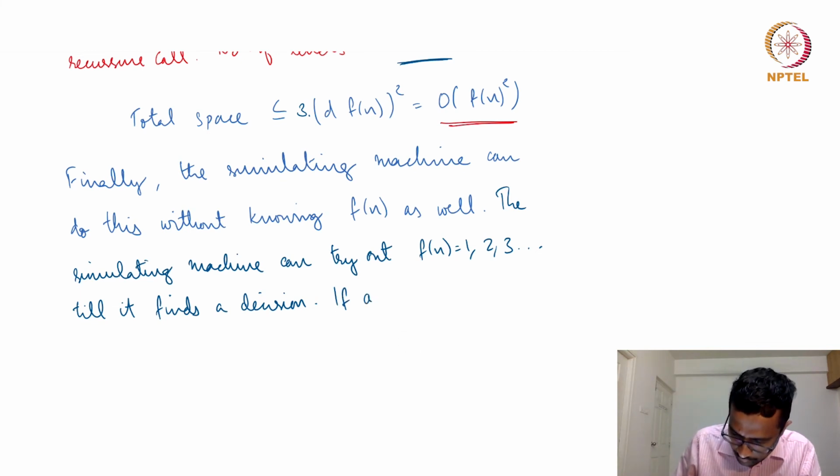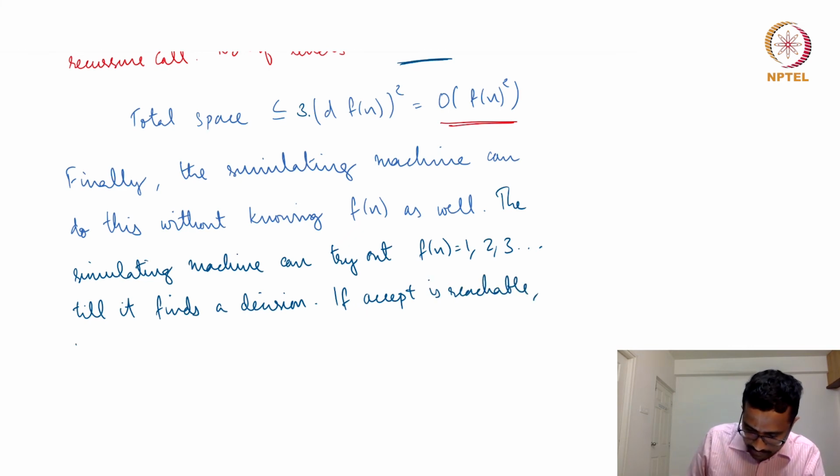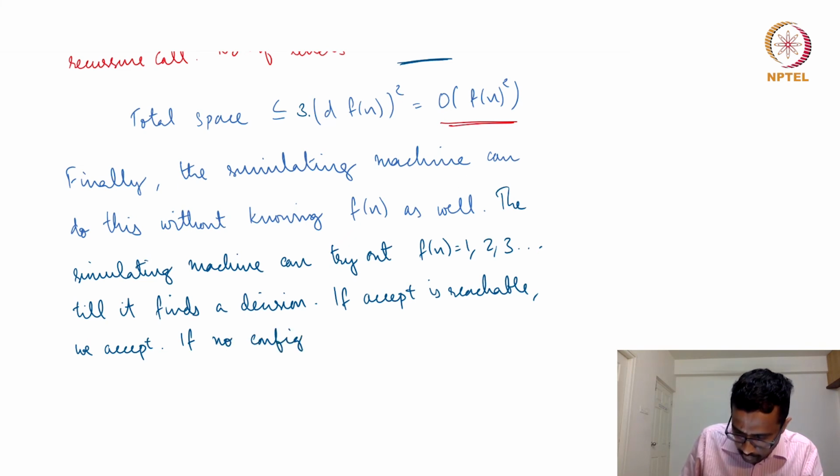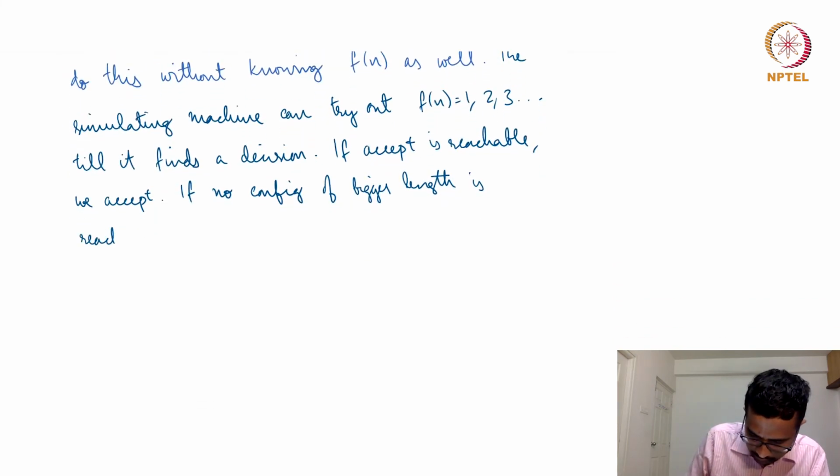If accept is reachable, we accept. If no configuration of, let's say, bigger length is reachable, we reject.